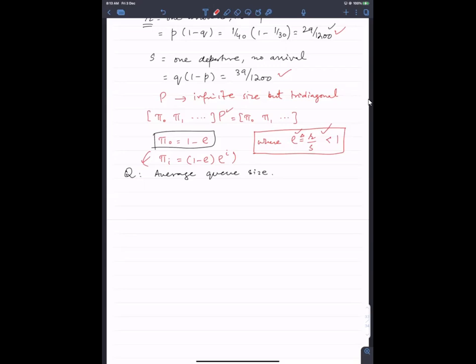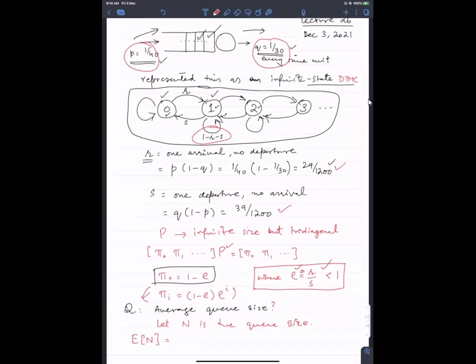Okay. And I'm interested in the average queue size. So for the average queue size, let n be the queue size. I'm interested in the expected value of n. And you can intuitively see that n should depend upon the interaction between the arrivals and departures.